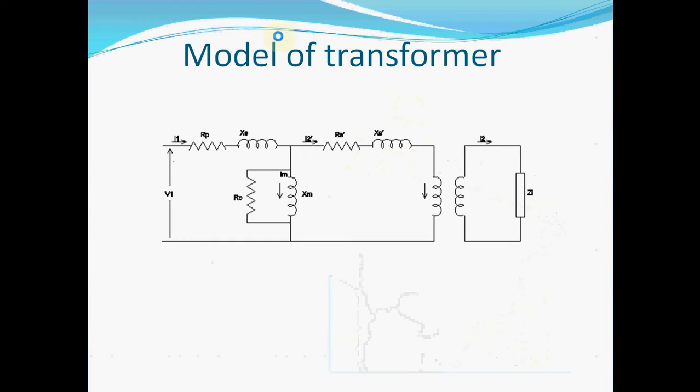Well, this is the model of transformer, the well-known model of transformer. Here is the resistor of the primary coil and the resistor of the secondary coil, the coil of the secondary side of the transformer translated to the primary side.